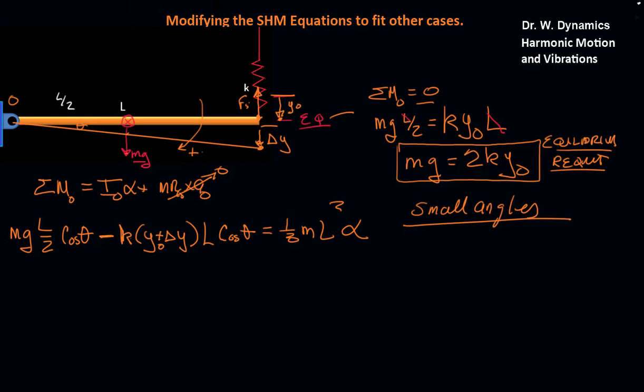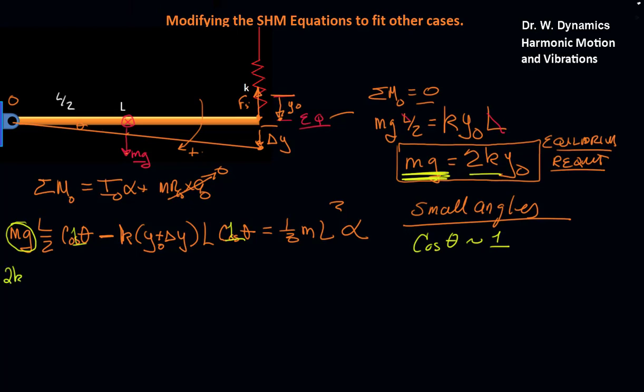Now for small angles, the cosine of theta is approximately 1. So these all just turn into 1s. We don't have to worry about them right now. mg, we found over here, is 2ky0. So let's put that in.